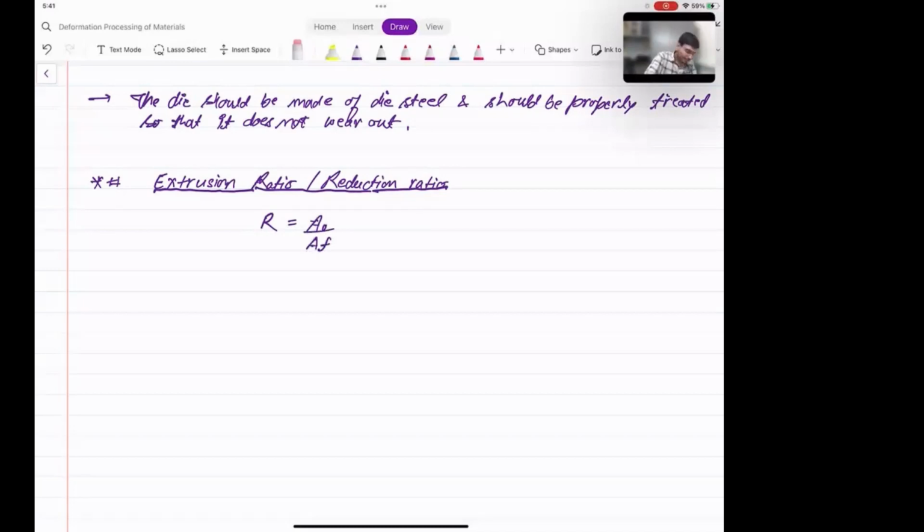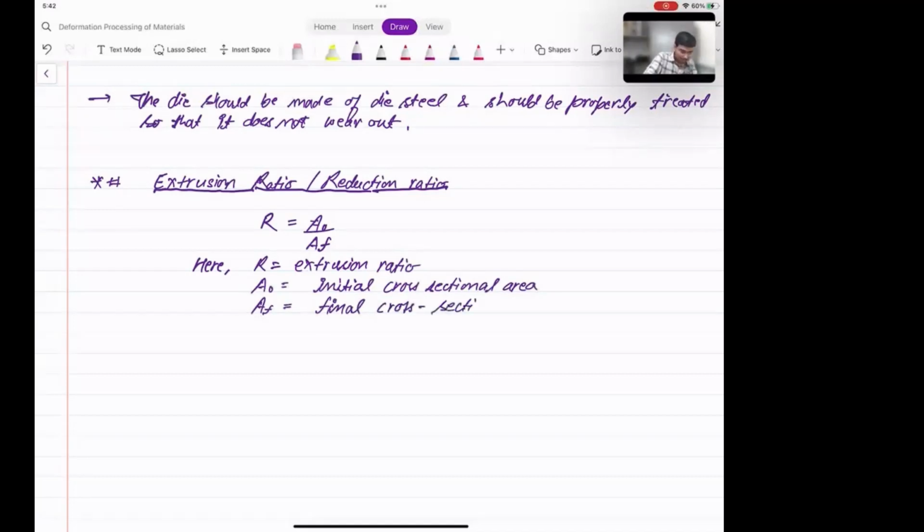Where R is the extrusion ratio, A naught is the initial cross-sectional area, and AF is the final cross-sectional area.